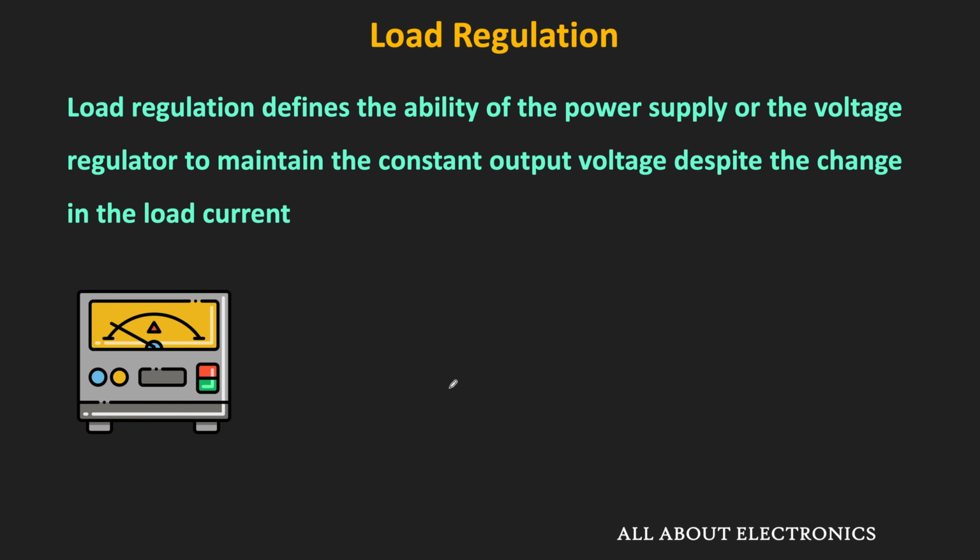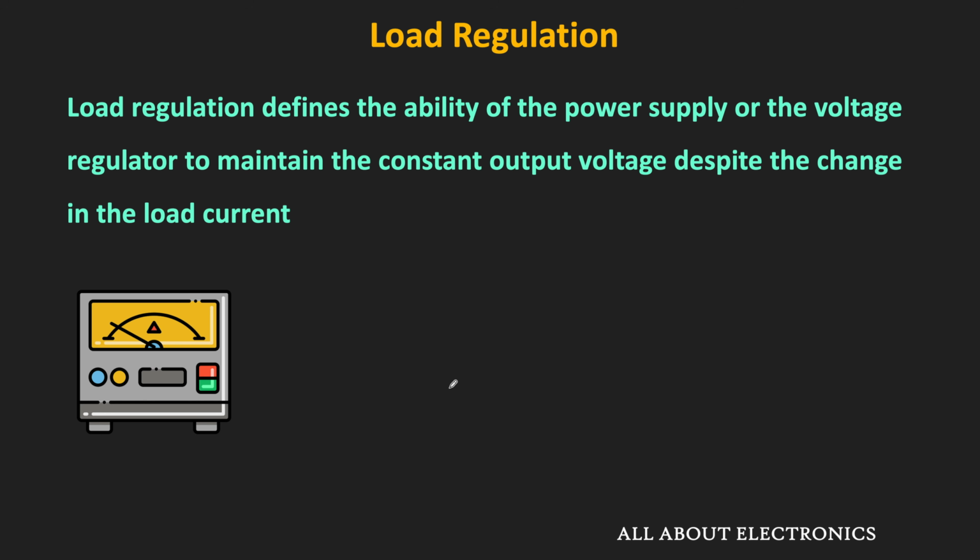So the load regulation defines how well the power supply or the voltage regulator maintains the constant output voltage despite the change in the load current. This parameter is also very important because many times the power supply will see an abrupt change in the load current, and in such a case the change in the power supply voltage should be minimum.